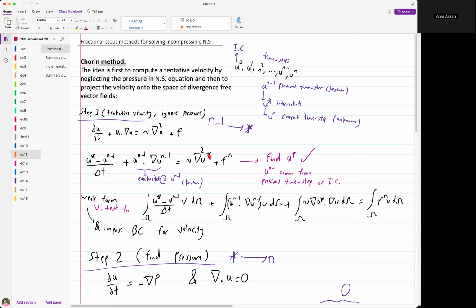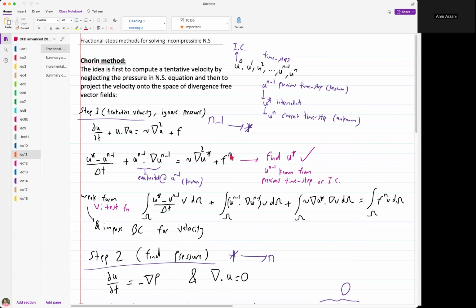So the U here is evaluated at the time step star. That's your tentative velocity, which is unknown. And the force, if you have a force or your boundary conditions, they can be evaluated at the current time step.